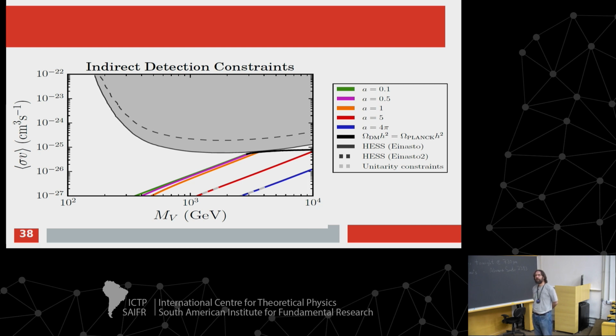But okay, the bigger mass, the bigger phase space, right? What's the problem?